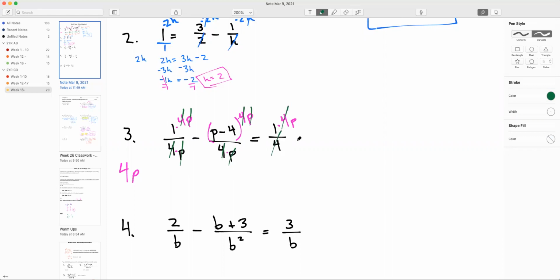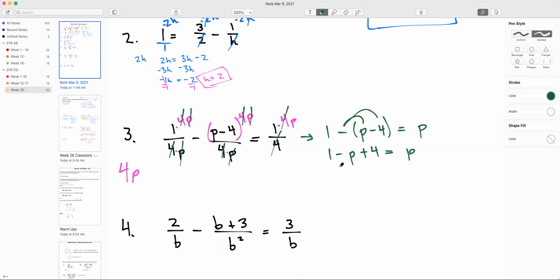Now let's just write out what we have. 1 minus p minus 4. Important to keep those parentheses there because the negative sign gets distributed. And then the 1 times p is p. Now this became way simpler. Negative sign to the p, negative sign to the negative 4, minus p plus 4 equals p.